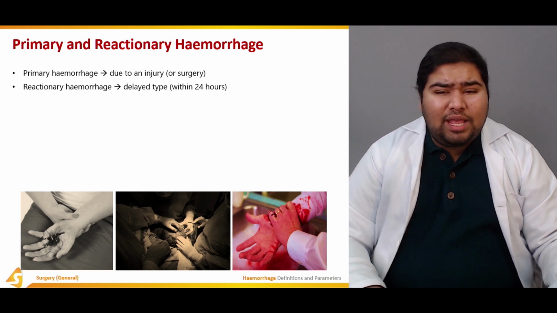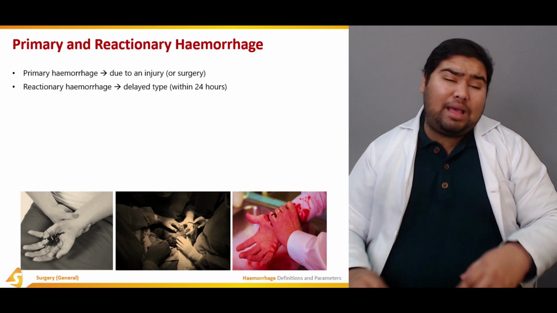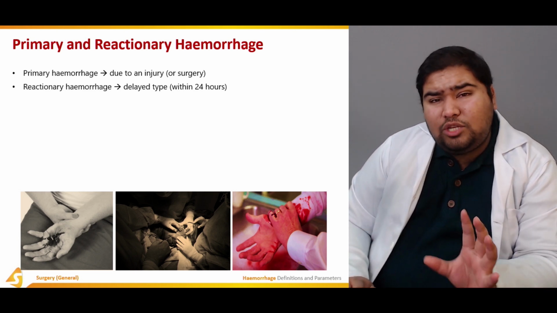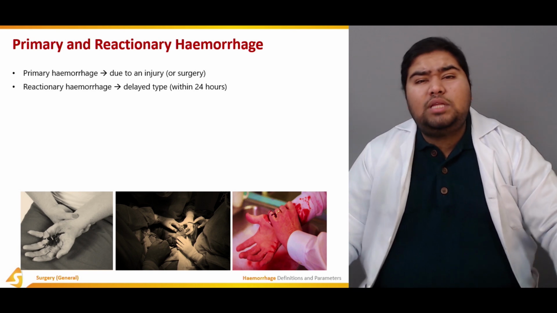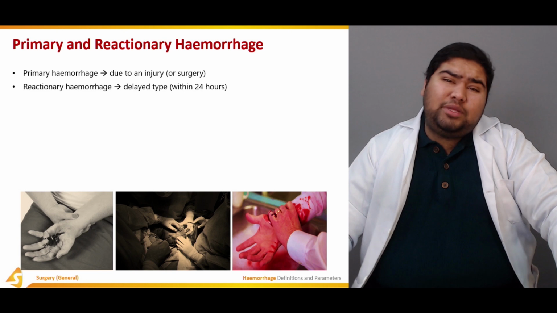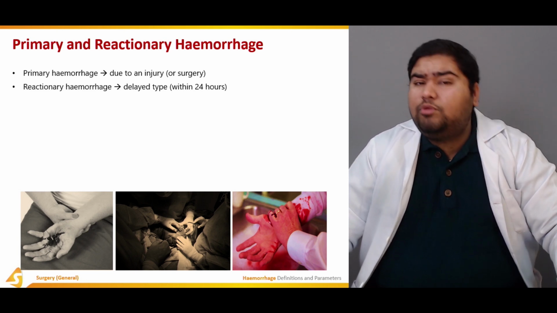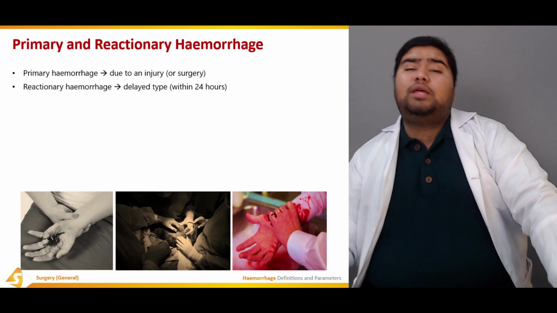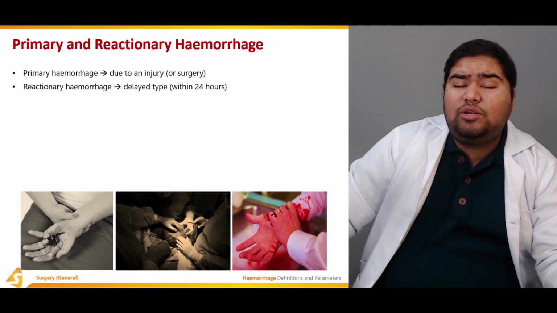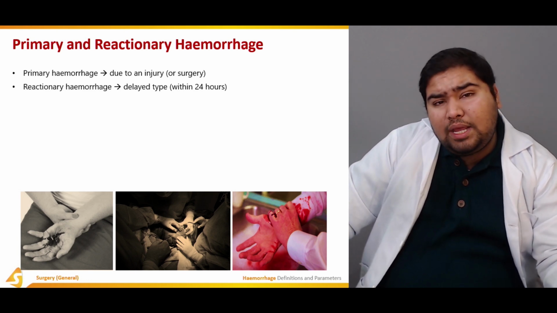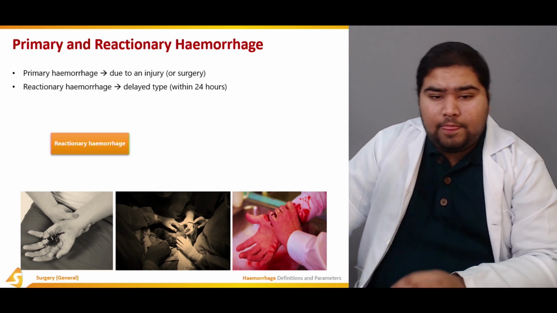Now, reactionary hemorrhage is usually delayed. It occurs within approximately 24 hours. The stimulus has been given, the surgery has been done, the trauma has been done to the body. Initially there would be no bleeding, or there might be some bleeding that is controlled, and after that, within a 24-hour period, if another bleeding episode occurs, that is termed reactionary bleeding.